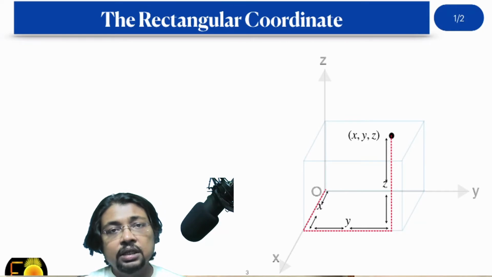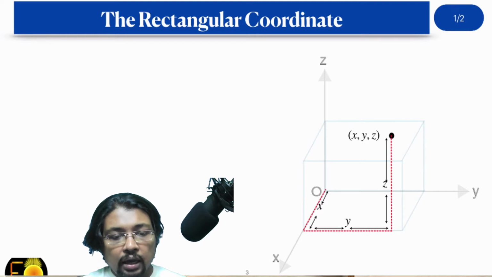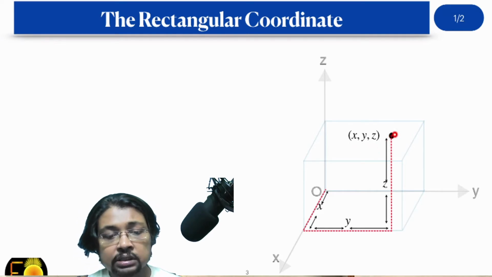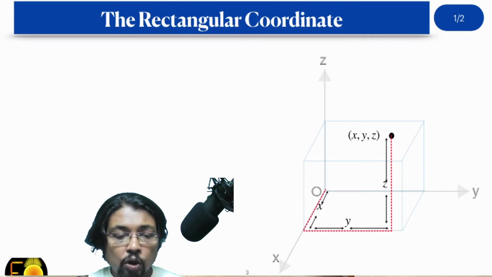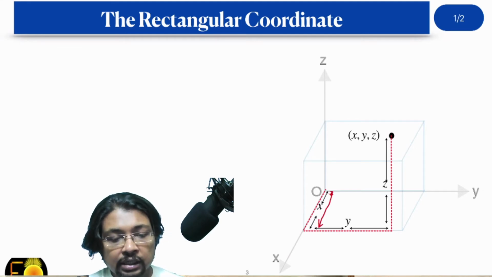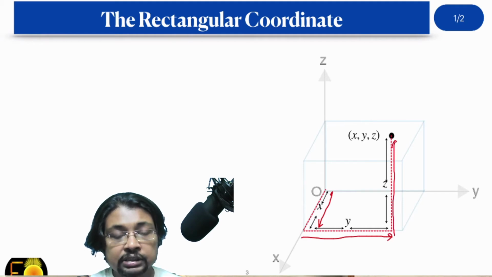First is the rectangular coordinate system, or the Cartesian coordinate system. Here you can see that if you want to reach this particular point which has the coordinates x, y and z in the Cartesian coordinate system, you first have to move the length x along the x direction, then the length y along the y direction, and then the length z along the z direction.